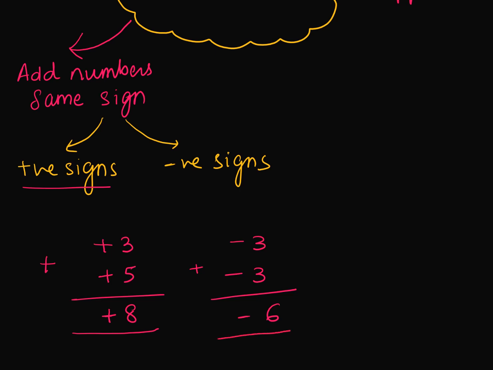So the only difference between adding two numbers with either the positive or the negative sign is that in both the cases you're going to add. But when both the numbers are negative, your final answer will have a negative sign, and with the positive, since both the numbers are already positive, your final answer will have a positive sign. So this is about how you're going to add numbers with positive and negative signs.